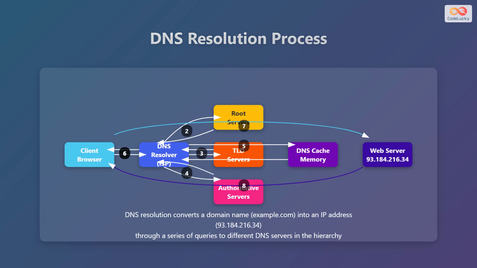Once the IP address is found, it is returned to your computer, allowing your browser to connect to the web server. So the process is like the client, such as the browser, asks the DNS resolver and the DNS resolver asks root servers, then TLD servers, authoritative name servers, and after getting the information from one of these, it saves the information in the DNS cache memory. Finally, the IP address is provided to the client.